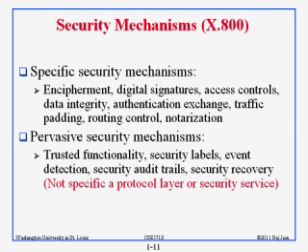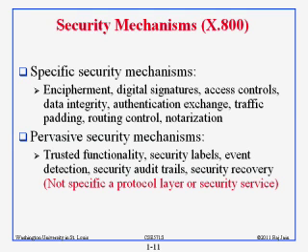Then there are mechanisms, and each of these applies to a particular protocol layer. So the book actually distinguishes between specific security mechanisms and the ones that apply to basically all layers. Those are security labels, event detection, audit trails, and security recovery.